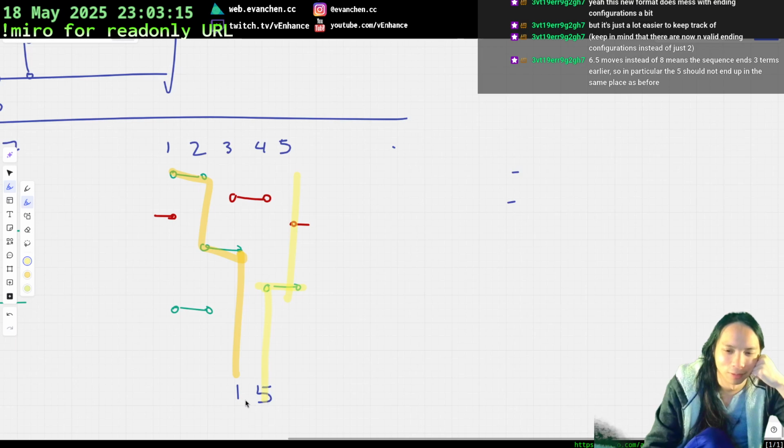I don't actually want to think about whether this is a valid ending configuration. I just want to get the 1 next to 5. Then the 4 ends up in the right place, right? Does 3 end up in the right place? I think 3 ends up in the right place. I think everything ends up in the right place.